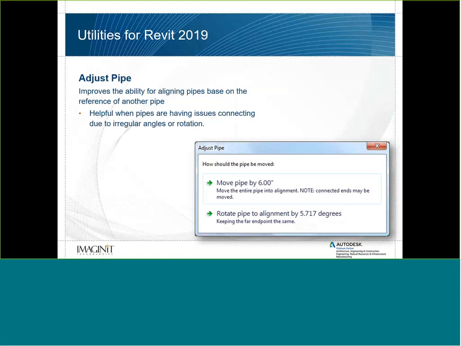So this tool will evaluate and find all the locations when you're placing fittings and whatnot. It'll find the locations of the inaccuracies inside of your model, and then give you the ability to replace or adjust that pipe instead of having to do it manually.